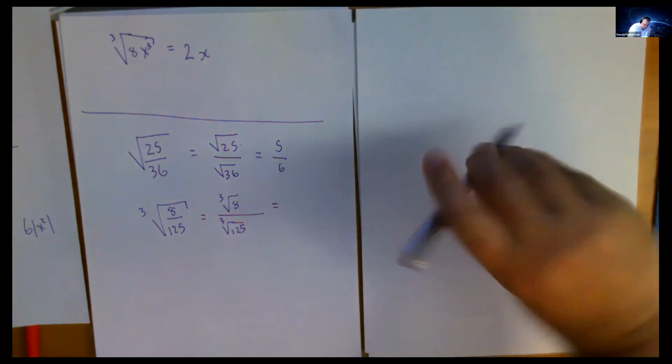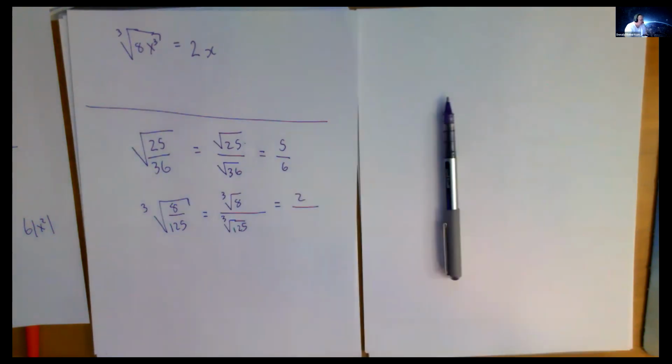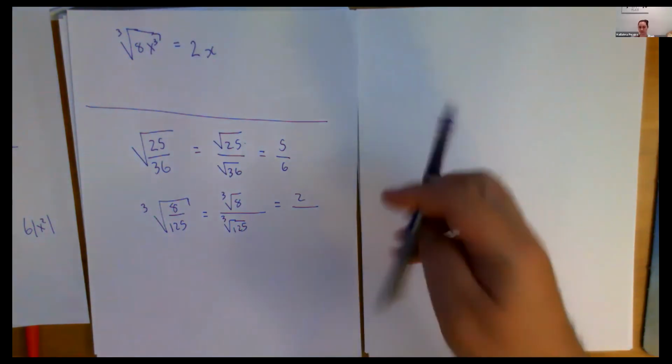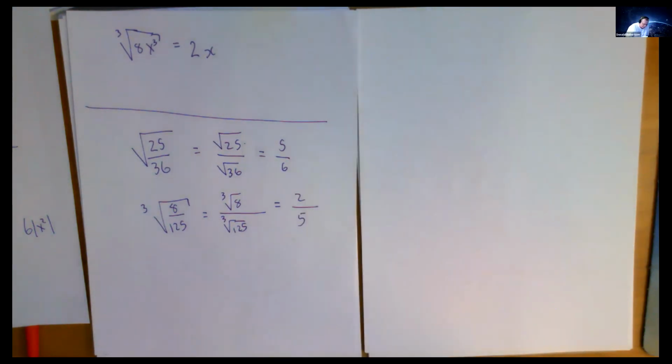Oh, I'll do 8. Okay, volunteers, cube root of 125. 5. Yeah.